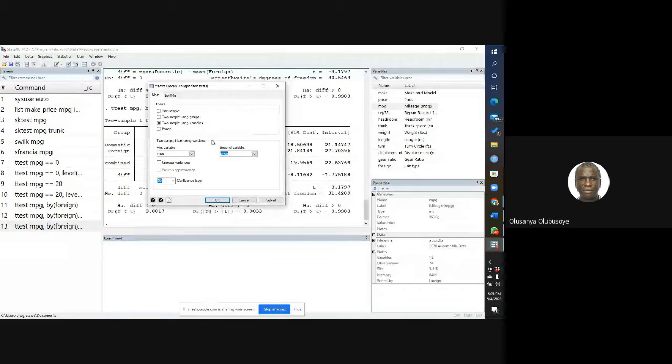But in the paired case, you have a relationship. It could be this same group. I conduct a test before the training, and I conduct a post-training test. The two tests are conducted on the same set of people. So it is this that we call paired.